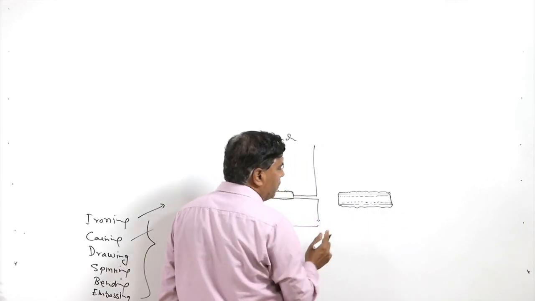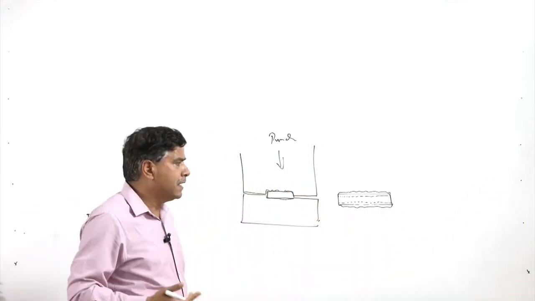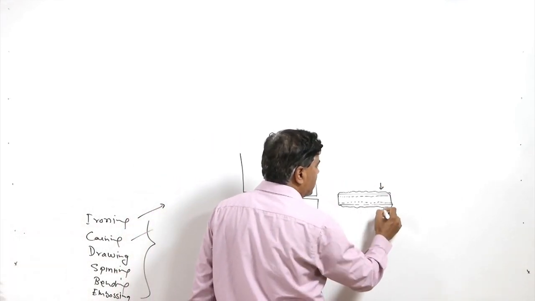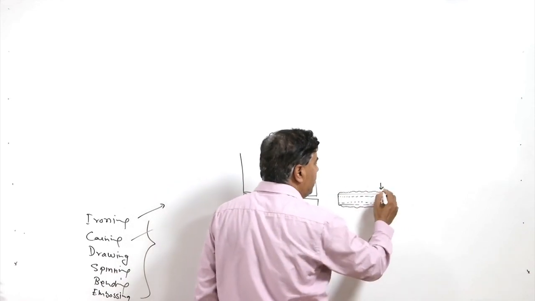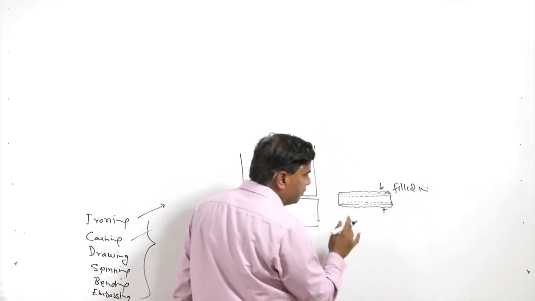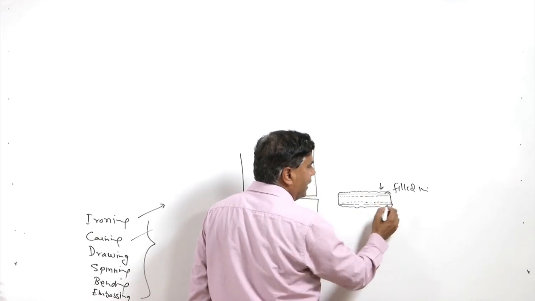The finer details present in the punch as well as in the die side will be filled in by the flow of the metal at the top layers.